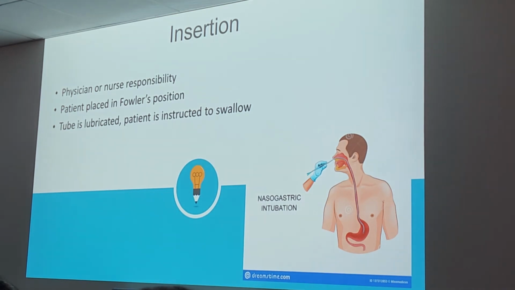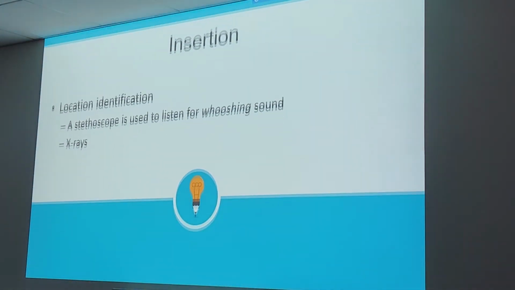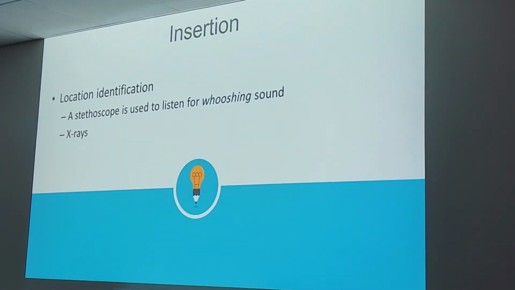Alright, so how is this tube inserted? The tube is lubricated at the end, and then the patient's instructed to swallow while they insert the tube. I'll go more into the details in a couple seconds. So, the NG tubes, like I said, are inserted by doctors, nurses, PAs, etc. And we never insert the NG tube or adjust it. Our job is simply to take the x-ray image.